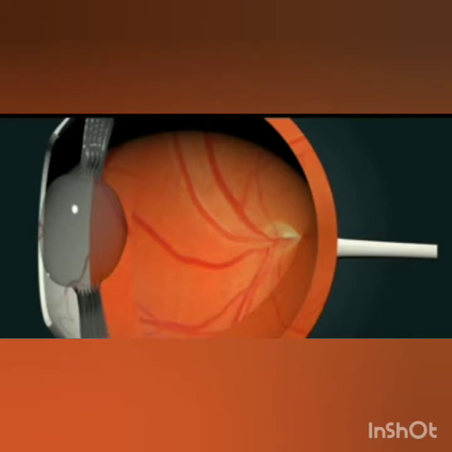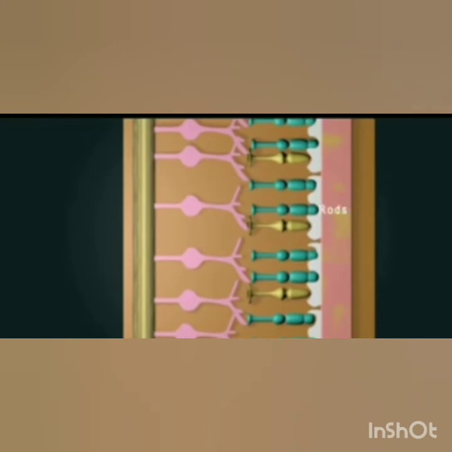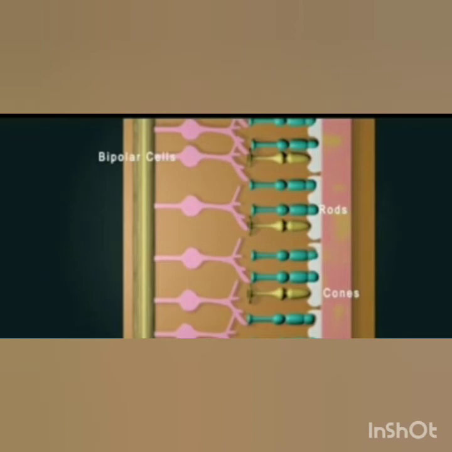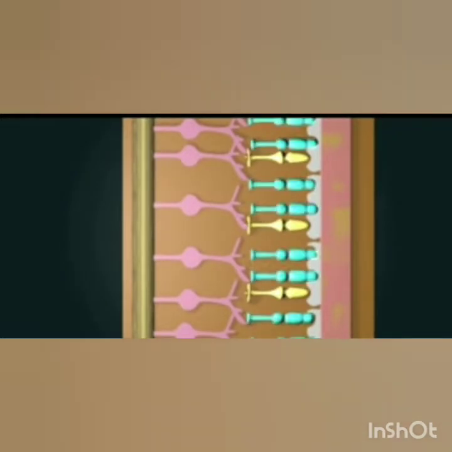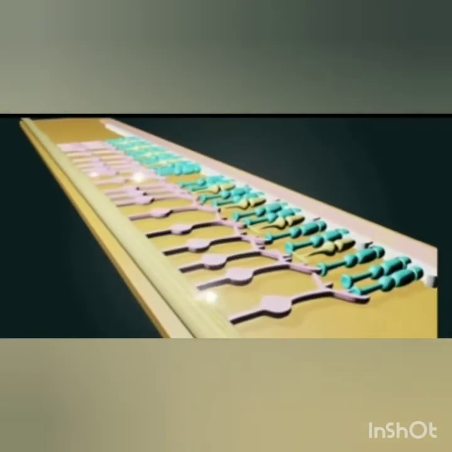Now what is the retina? It's the innermost layer which has some sensory cells, children. These cells are of two types, rods and cones. You can see that the rods and cones are present on the inner side of the retina, and these transmit signals in the form of nerve impulses to the brain through the optic nerve.